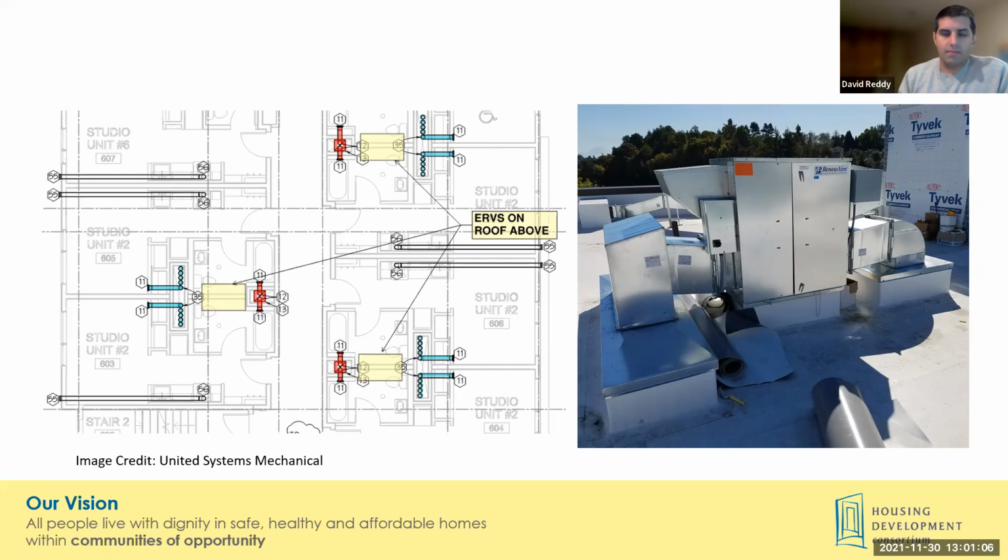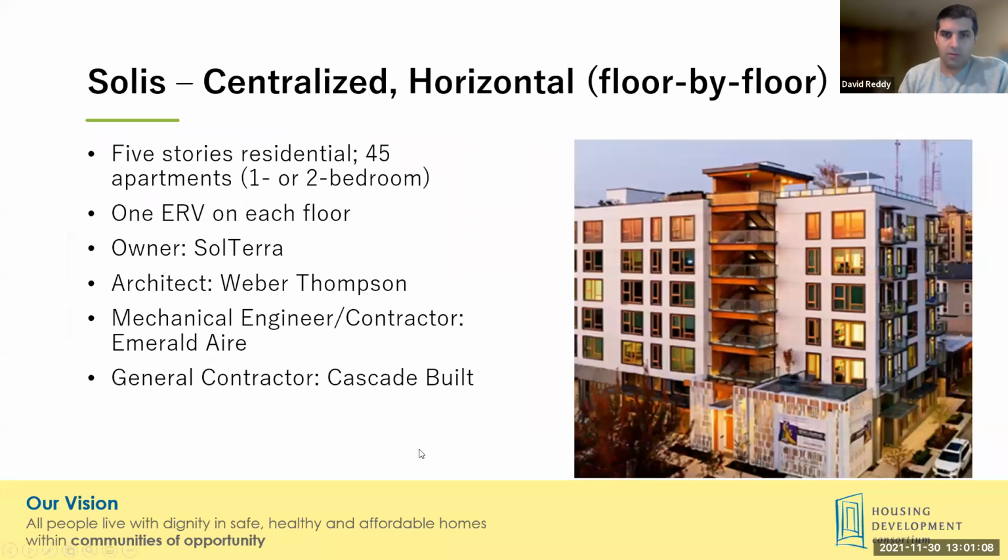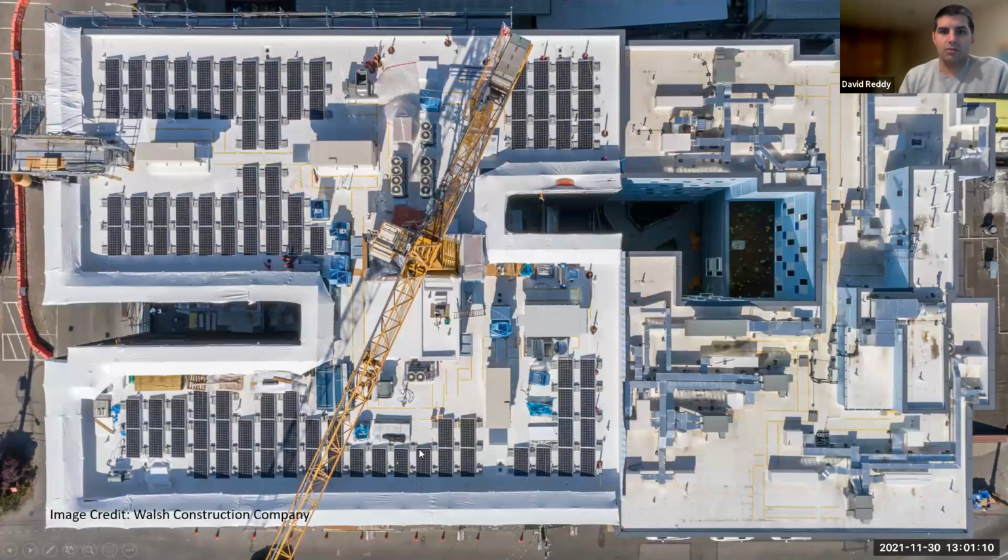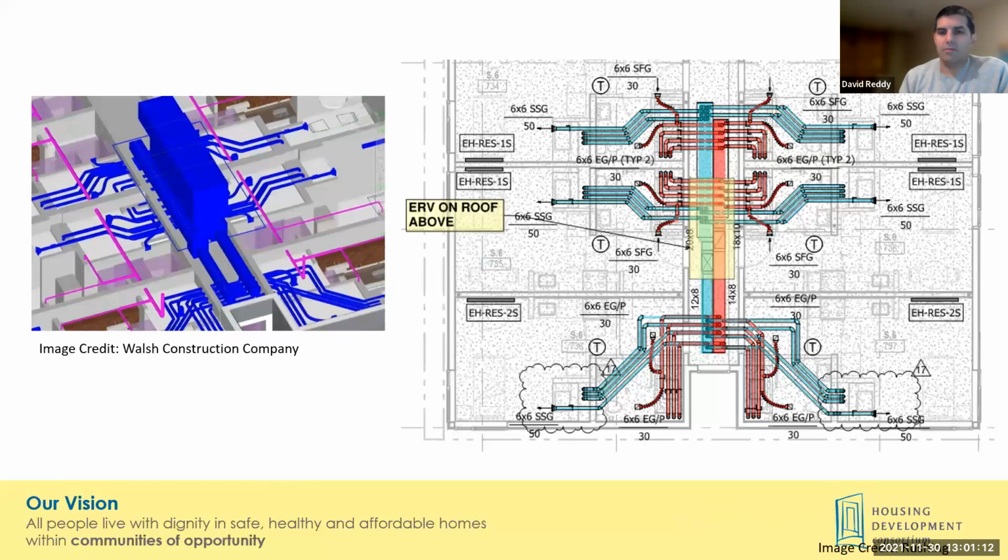One thing, I'm going to go back up to show one distinguishing feature between Hobson South and Estelle. Hobson South did utilize balanced ventilation and a distributed approach. You can see here an exhaust from the kitchen area.